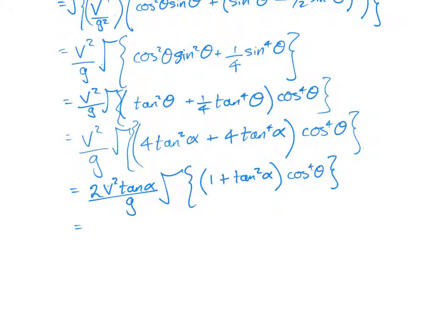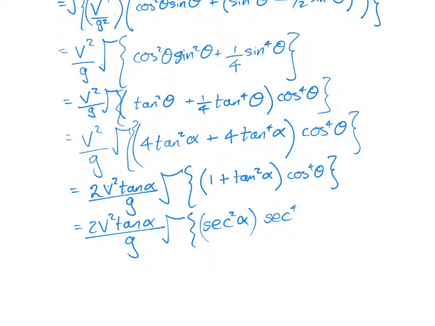So what we're going to say, so we've got 2v squared tan alpha over g, the square root of 1 plus tan squared, well that's sec squared, 1 plus tan squared is sec squared alpha, and cos to the 4 is sec to the 4 theta.